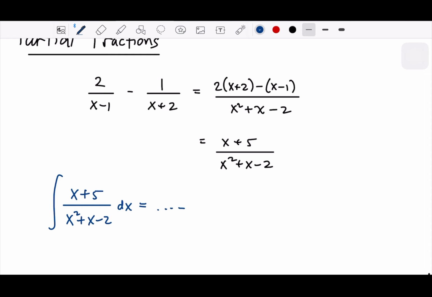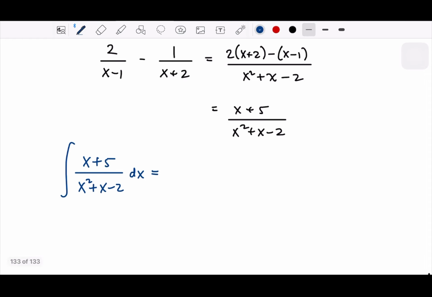So how to do that is basically we can factorize this part into x minus 1, x plus 2. Let me erase the integration first so that we can focus on the fractions.